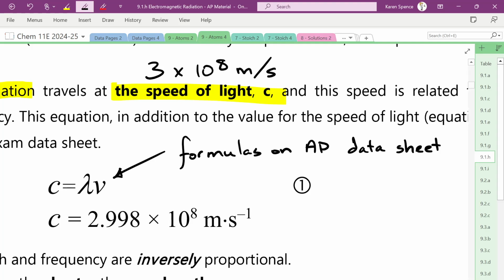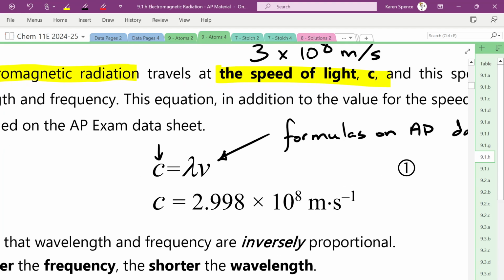If one of them goes up, the other has to go down, because especially here, c is a constant, right? Speed of light is a constant. So if you make lambda bigger, in order for it to still equal the speed of light, then the frequency has to be smaller. Does that make sense?